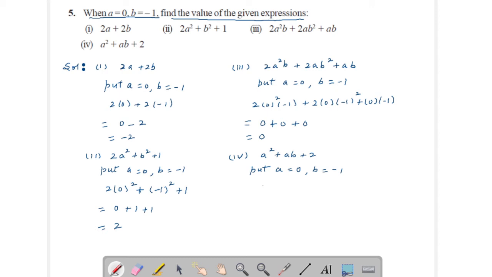A, that is 0, 0 square plus 0 into minus 1 plus 2. What will you get? 0 square means 0 plus 0 into minus 1, it is 0, plus 2 equal to 2. This is your answer.